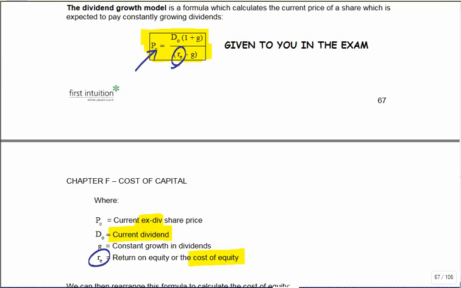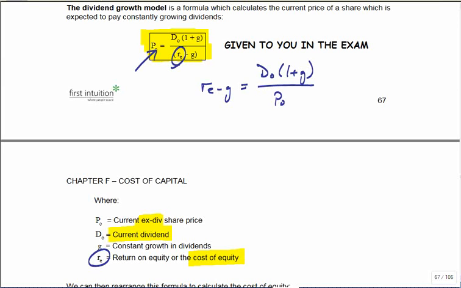But what we can do is rearrange this formula to get the formula that we need for this chapter. We can do that, first of all, by swapping the top and bottom. So in other words, RE minus g, which was on the bottom on the right-hand side, would equal D0 times (1 plus g) divided by P0, and the P0 was on the top on the left-hand side. So I've just swapped those two round.